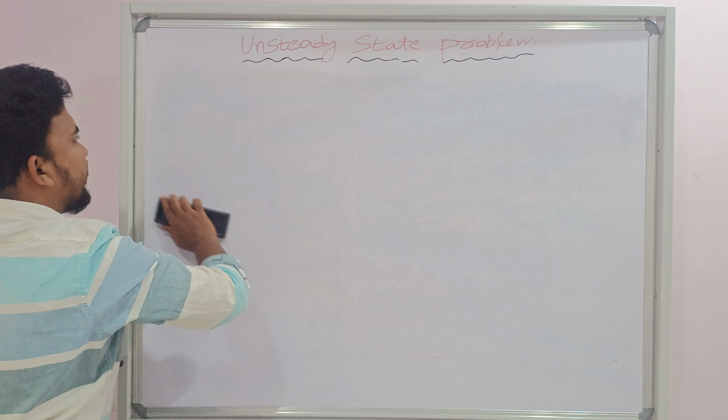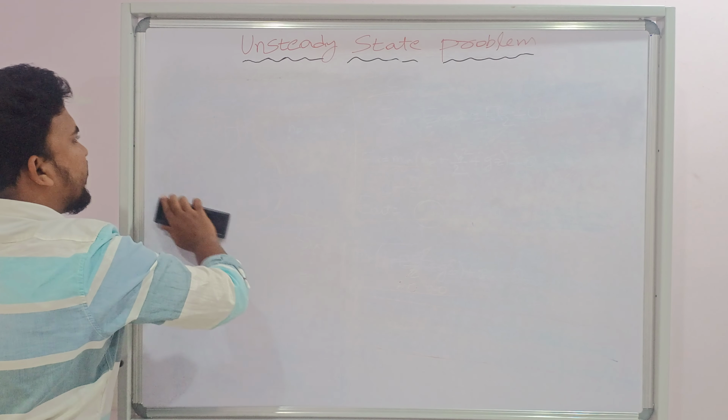Mass conservation: mass in minus mass out is equal to change in the mass of the control volume. There is no mass out of the system, so mass out is equal to 0. Whatever mass is in is equal to the change in mass of the control volume.